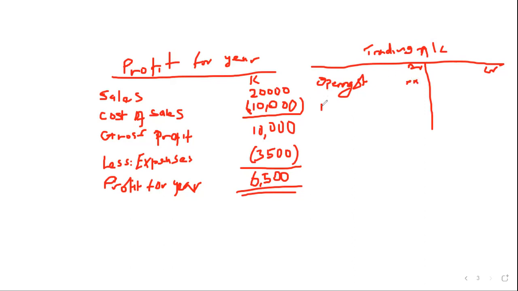You have purchases. Remember, purchases maintain a debit balance, and the stock also maintains a debit balance, because it's an expense. You're purchasing something, so it is receiving. No wonder it's debited.